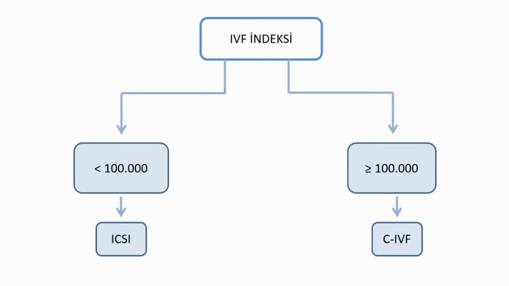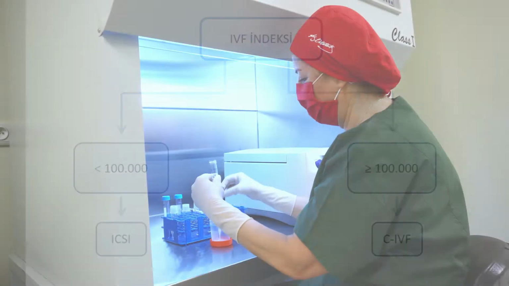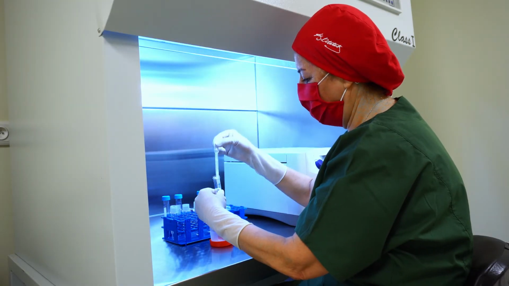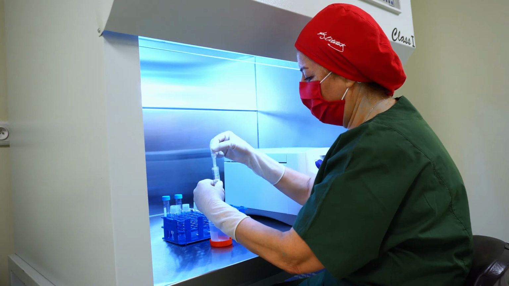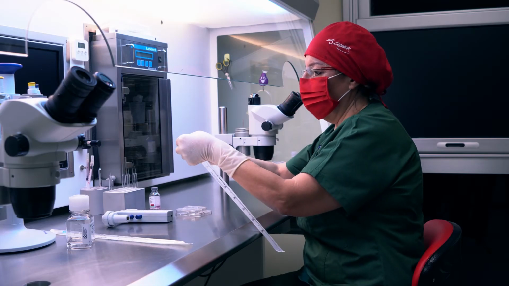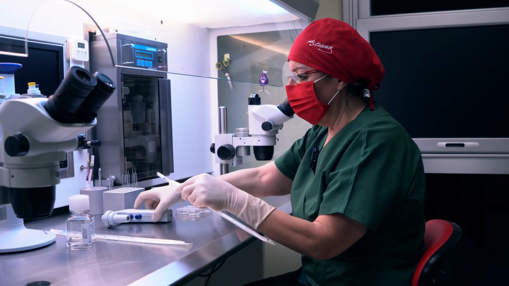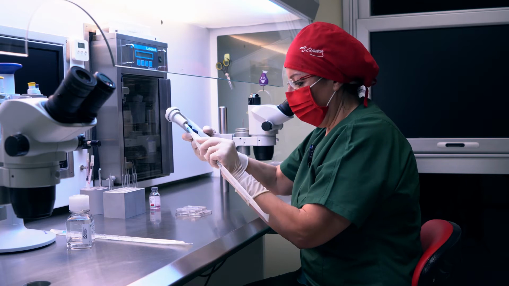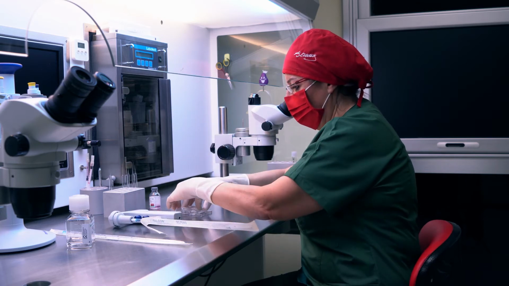ICSI is the choice of insemination for patients with a history of fertilization failure, even if the semen index value is above cutoff value. Sufficient number of 4-well culture dishes are prepared the day before oocyte retrieval.